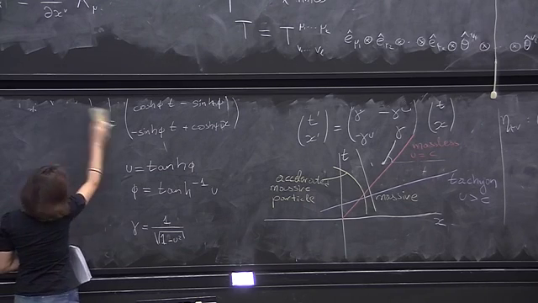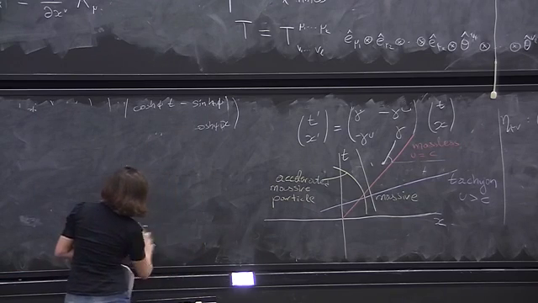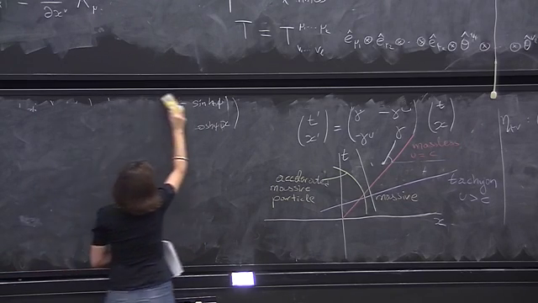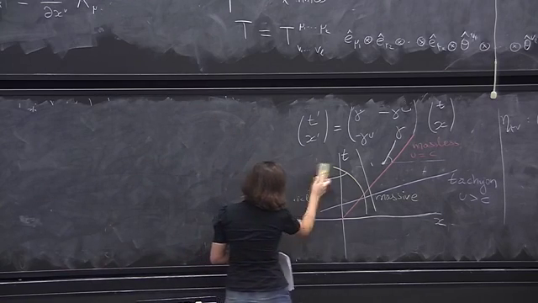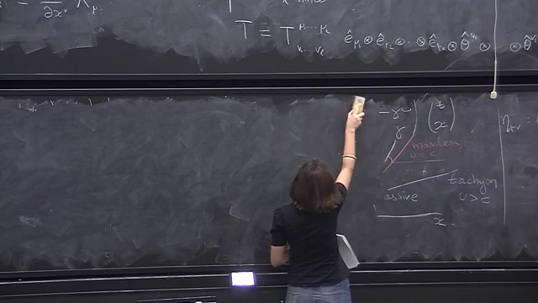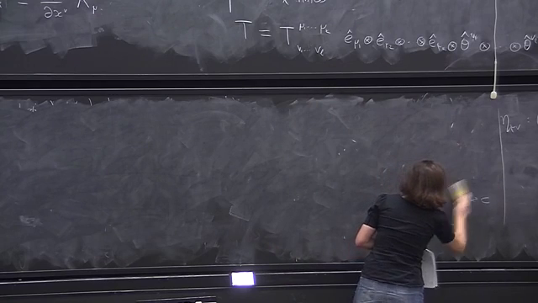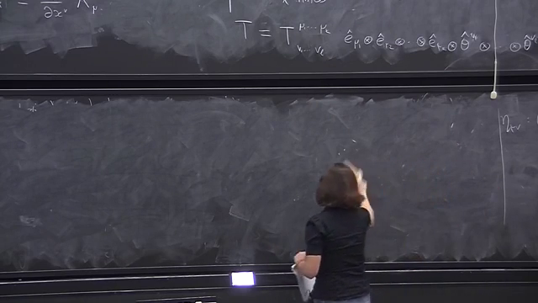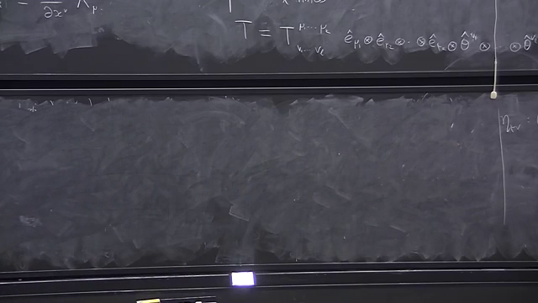Okay, and since we know how to transform each of the E mu and theta mu, and we want the tensor T to be invariant under Lorentz transformations, we also know how to transform all the components of the tensor. Each raised component will transform with lambda, and each lower component will transform with the inverse lambda.